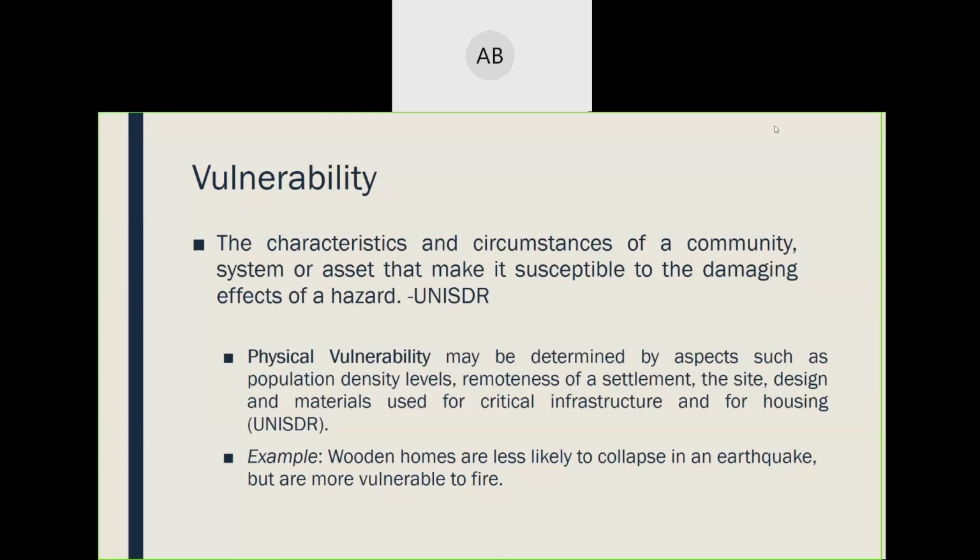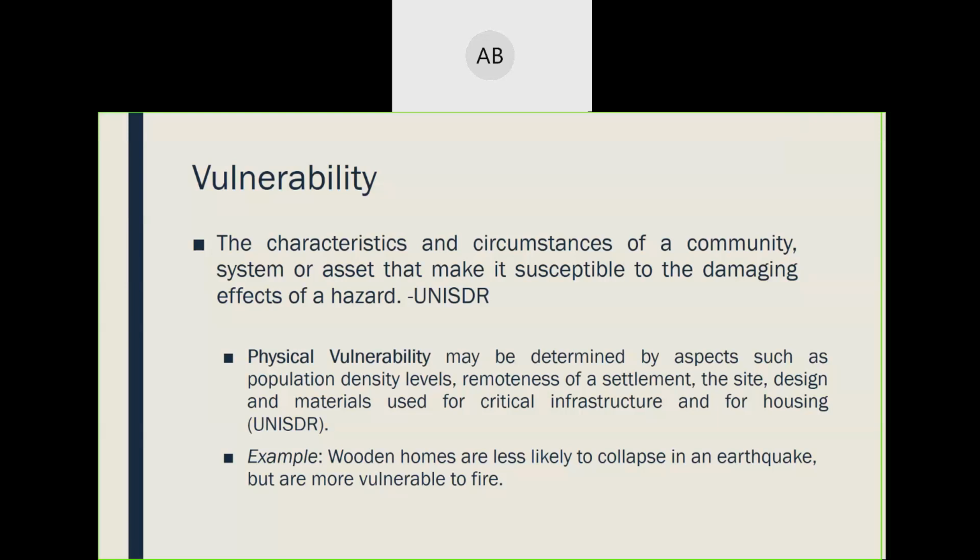So the differences that we discussed are very important, vital, and the fact remains that a hazard at any moment of time can translate into a disaster depending on the geographical setting, where it may cross the societal boundaries at any point of time.